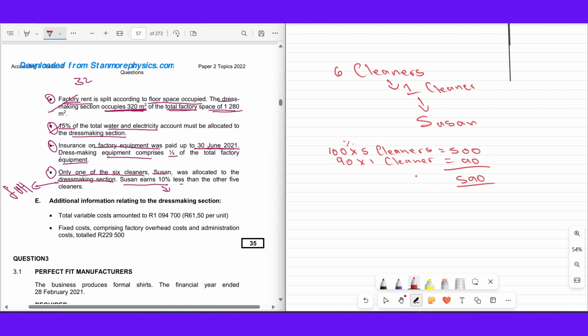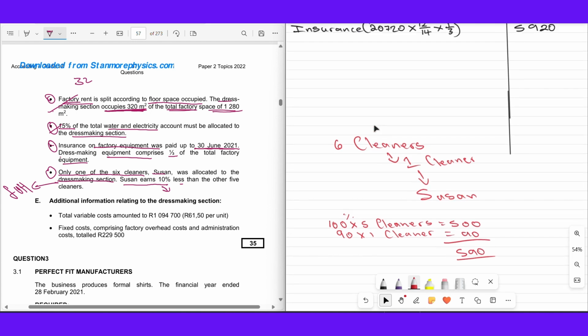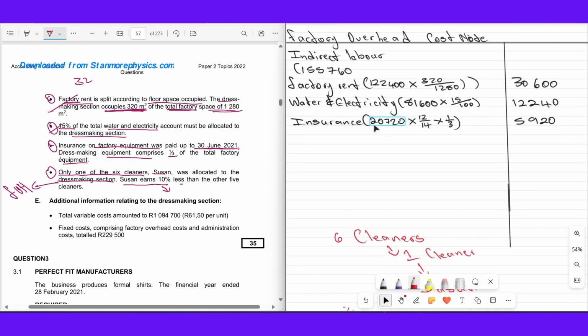This 590 is the total rate that is allocated to the indirect labor of this 155,706. But now you need to ask yourself, as I always tell you, it's our quadratic method in accounting. What do you want? You want 10%, because they are saying dressmaking.